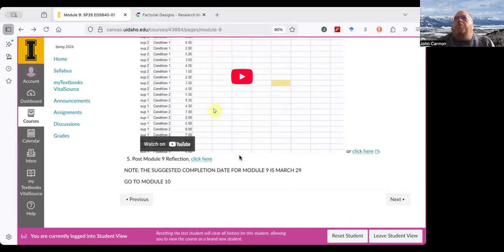So it will be open before the recommended completion of this module. And we're also looking at the final projects, final paper, final presentation for the course. And again, it's suggested that this be completed by March 29th, the end of March.